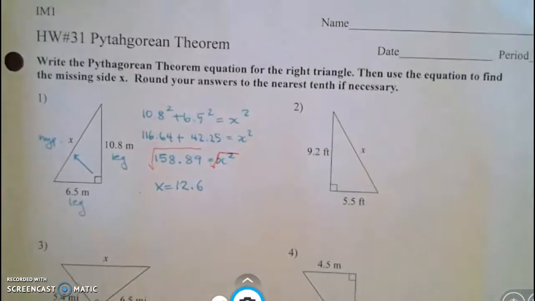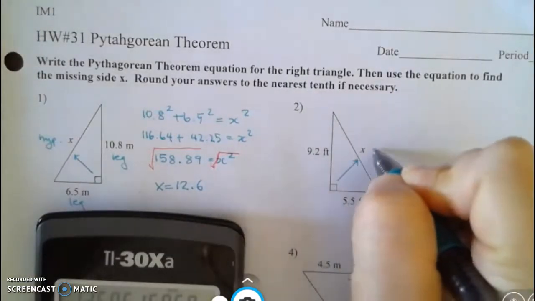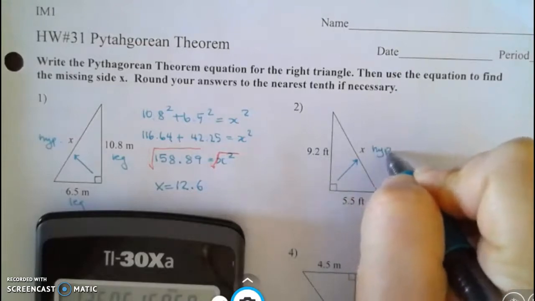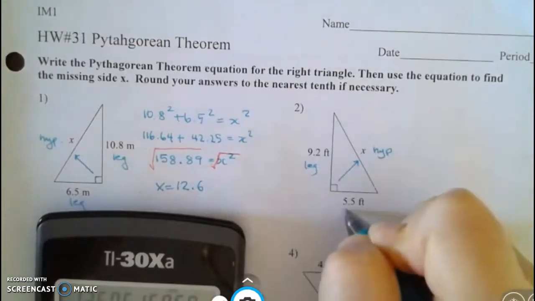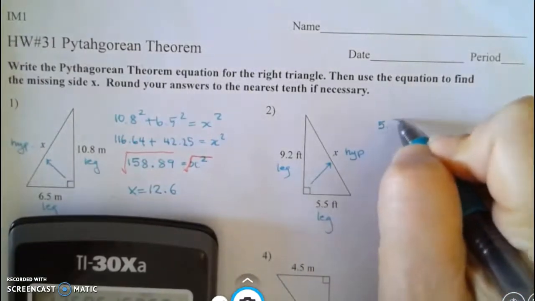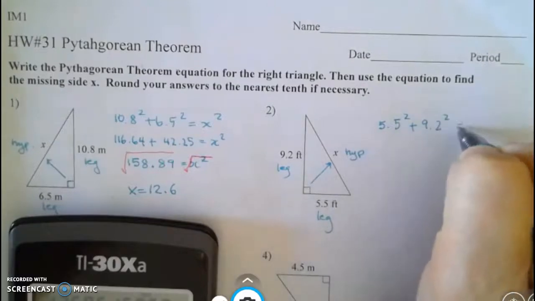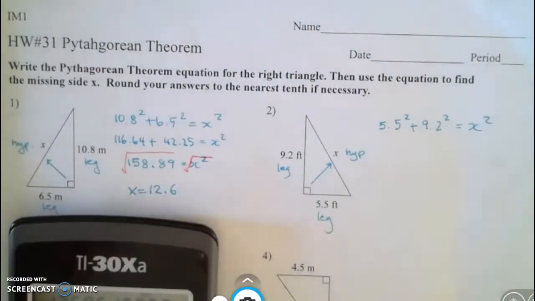Okay. Number 2. Again, we need to identify the hypotenuse. This is my hypotenuse. That means these are my legs. So I have 5.5 squared plus 9.2 squared is x squared.